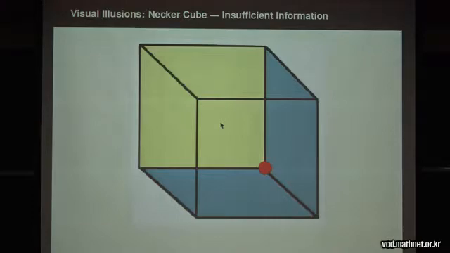Okay, I'll assume that you honestly tried to do this, and what you find is that it's either on top or in the back, and it will alternate back and forth, and you cannot stop it from doing that. If you look at it and say, I'm going to make that yellow face in my mind be on top, you will be frustrated because it will alternate. It does not alternate periodically in time.